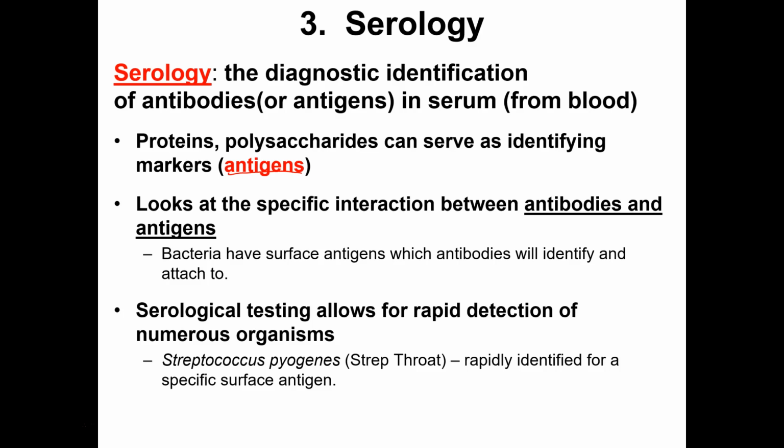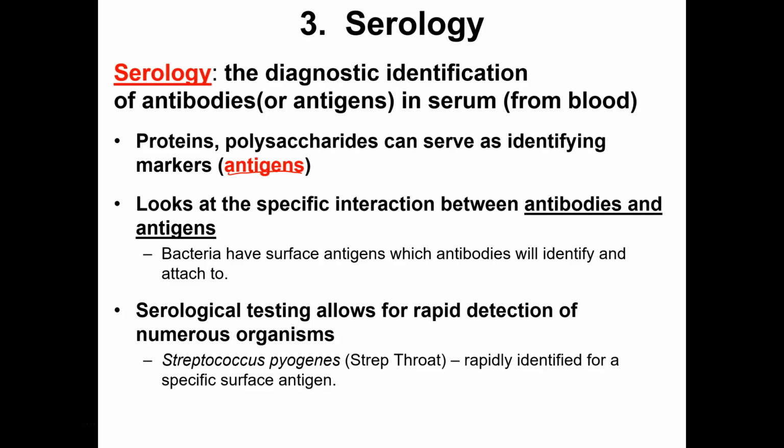So all you have to do is identify one or the other. So that's what serological testing is all about. Okay, rapid detection of pathogens in blood serum. So that ELISA lab we did, for instance, we rapidly, I do air quotes that you folks can't see, rapidly identified HIV antigens from some mysterious person's blood serum.